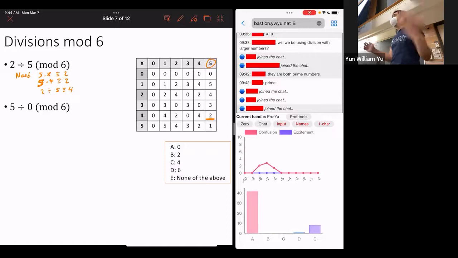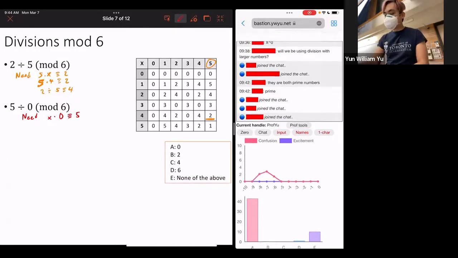Okay, so let's work this through together, since I think people just took the shortcut. So what do we need? We need x times 0 is equivalent to 5, right? Because you're dividing by 0. For what x is that true?